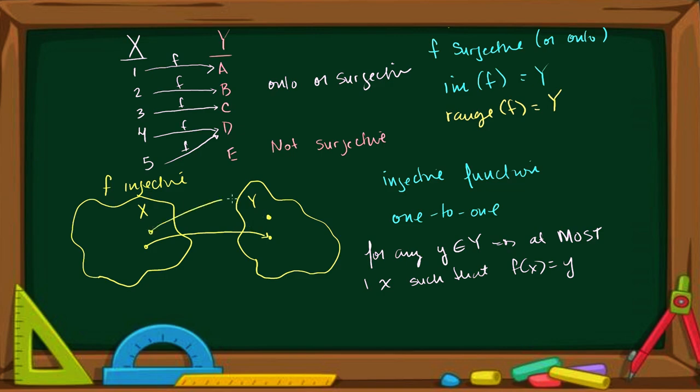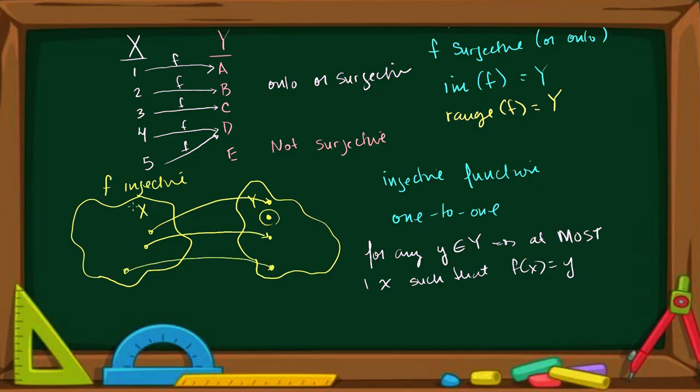Everyone else in y gets mapped to, but that guy never gets mapped to. So this would be a case where we don't have a surjective function. This is not onto because this guy, he's a member of the codomain, but he's not a member of the image or the range. He doesn't get mapped to. But this would still be an injective function as long as every x gets mapped to a unique y.